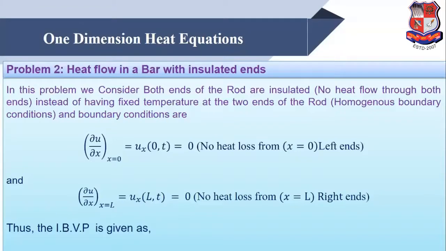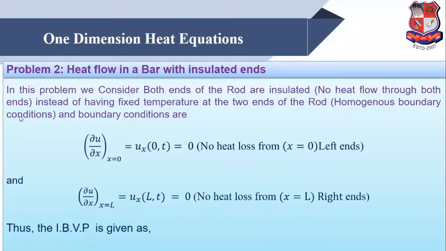Insulated ends, that means no heat flow through both ends. So basically in this problem we consider both ends of the rod are insulated. No heat flow through both ends, instead of having a fixed temperature at the two ends of the rod. That means homogeneous boundary condition.